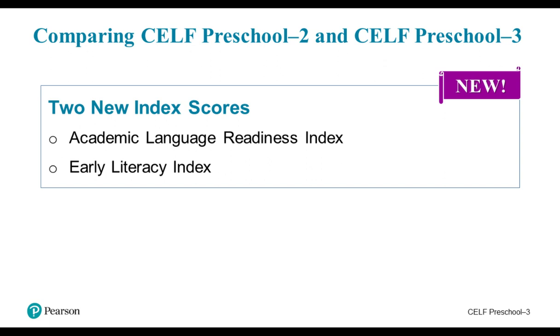CELF Preschool-3 features 2 new index scores, the Academic Language Readiness Index and the Early Literacy Index. These scores enhance the test's clinical utility. You can use these scores as additional support to make recommendations for intervention or educational plans.